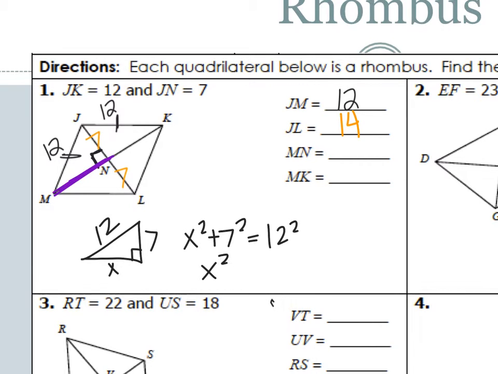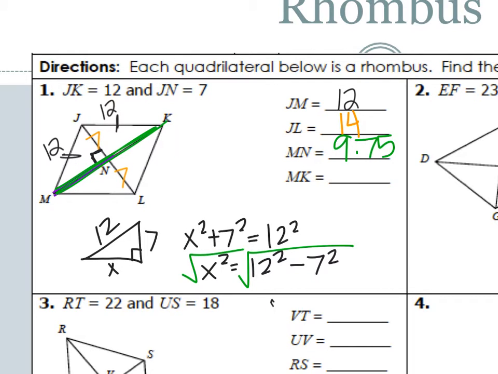So x squared equals 12 squared minus 7 squared, and to solve for x, we take the square root of both sides. 12 squared minus 7 squared equals 95, square root of 95 is 9.75, which means the whole length of MK is 9.75 times 2, 19.5.